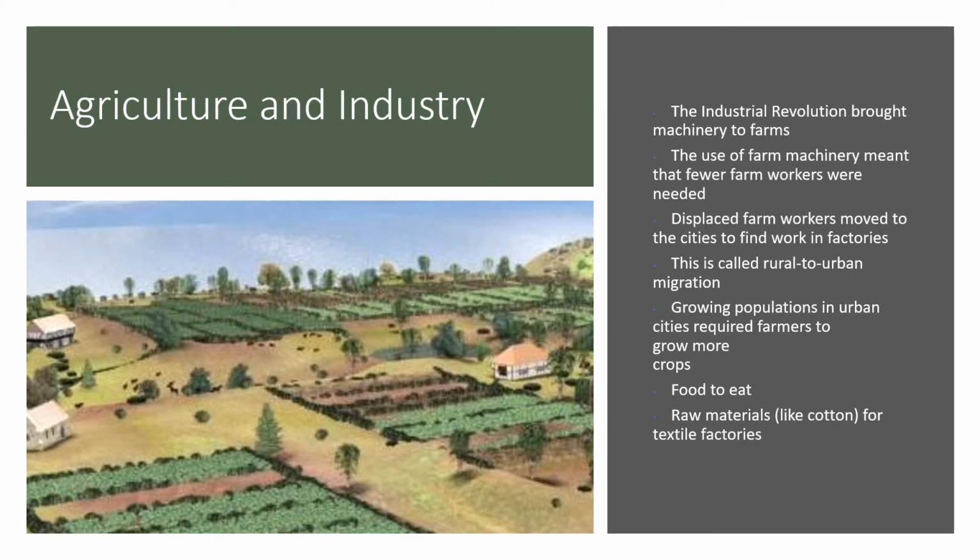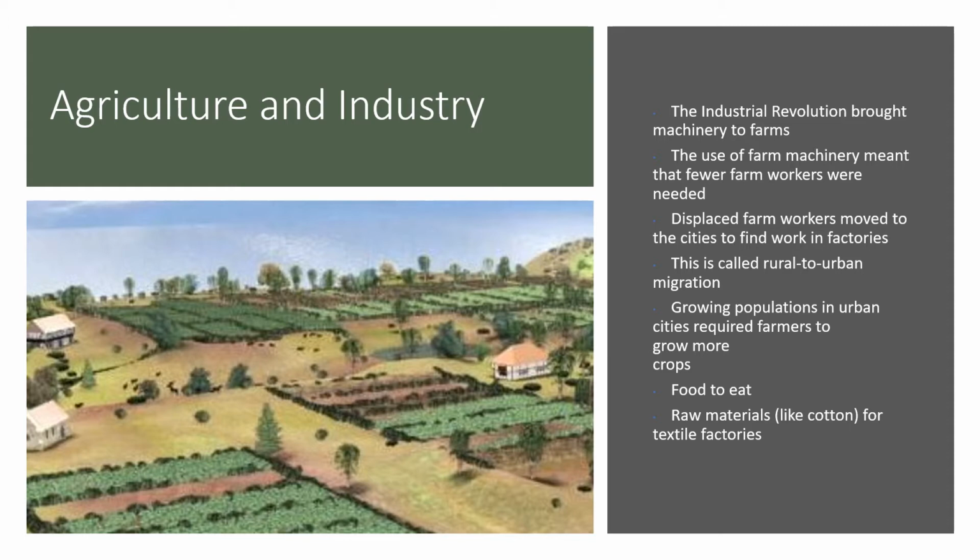Because of that, there were displaced farm workers. These individuals who once worked on the farming fields now had to move to cities like Liverpool, Manchester, London, etc. to find work. This is called rural to urban migration, rural being the farmland, urban being the city.